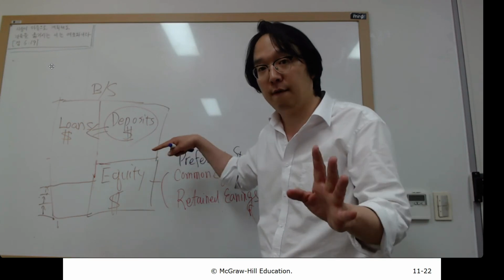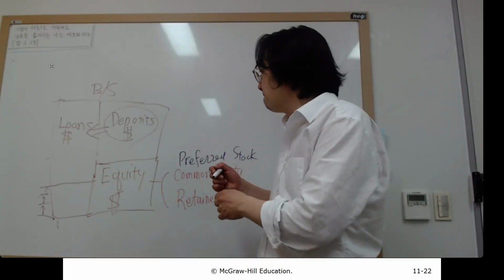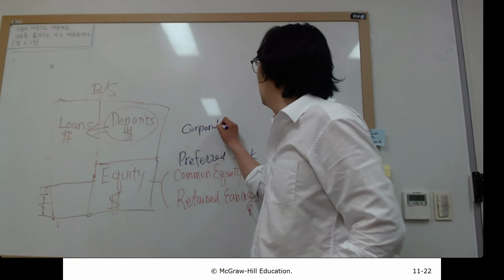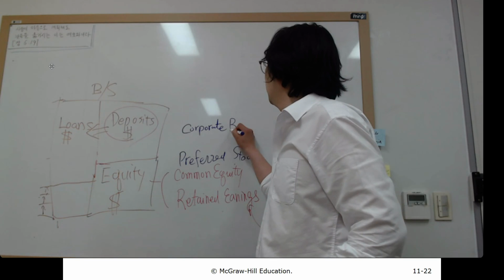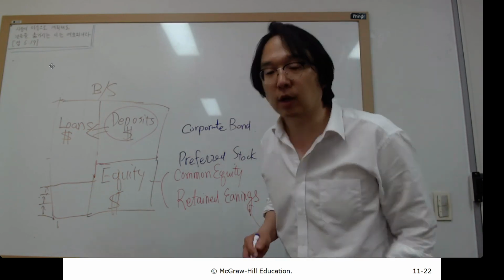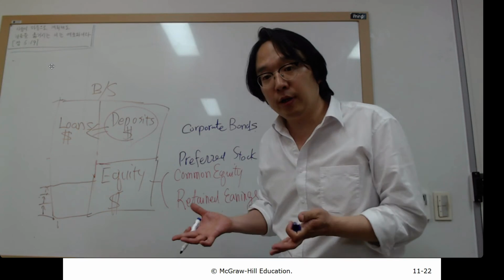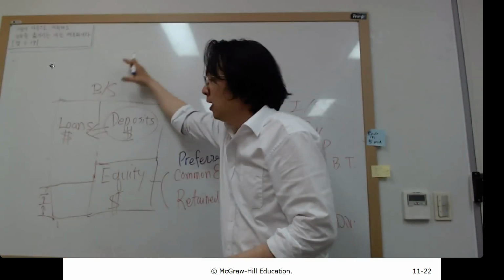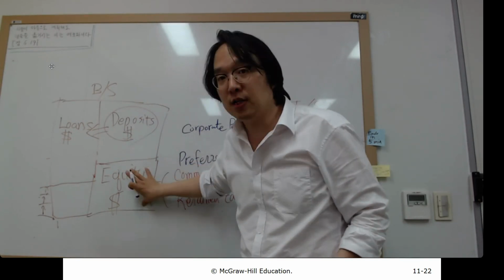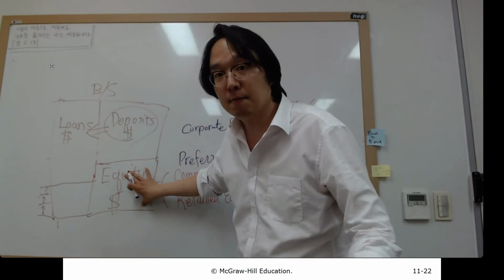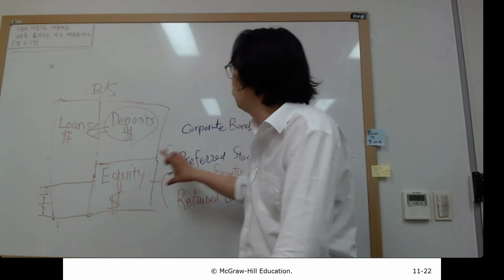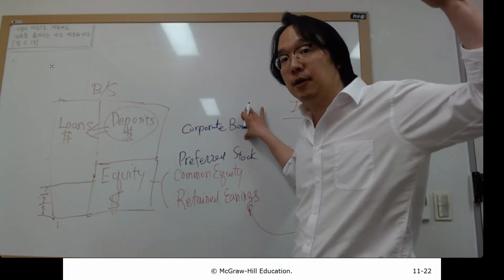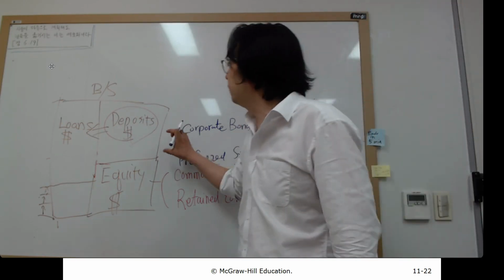Typically you have some corporate bonds issued. Take Bank of America: to do business, you not only have equity invested from shareholders' pockets, but you also go to the bond market and issue bonds to raise capital for your own business.